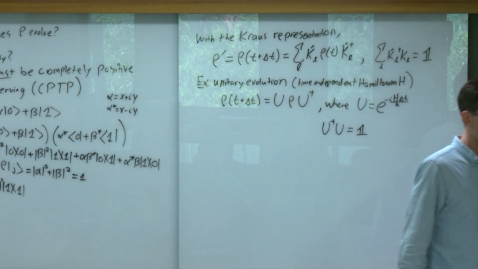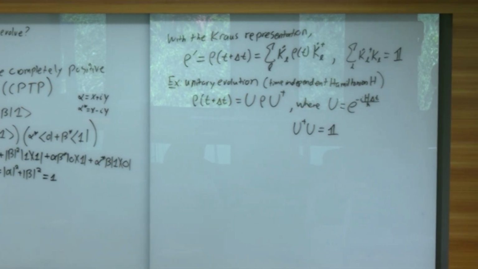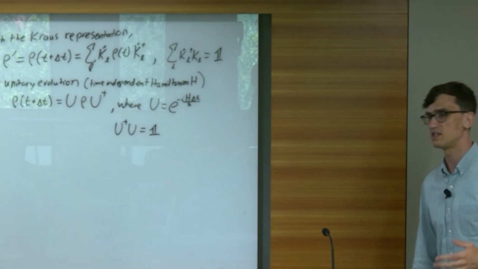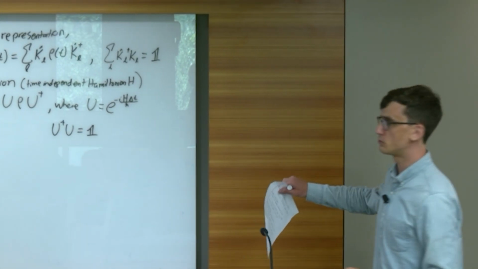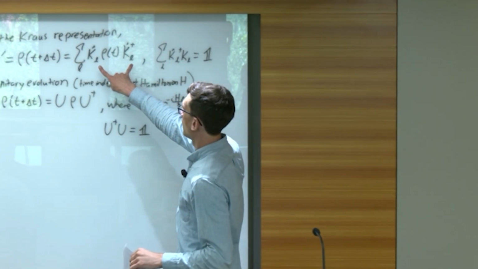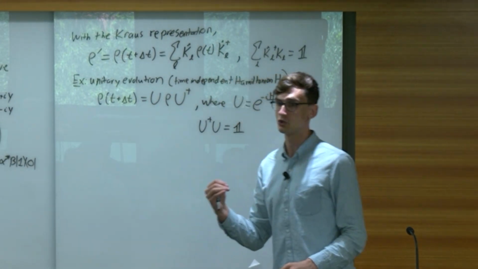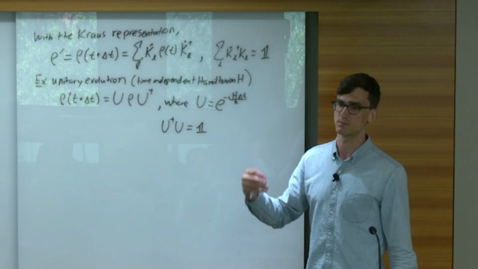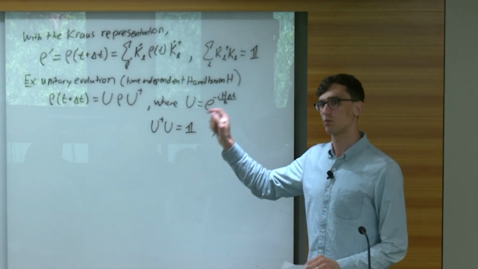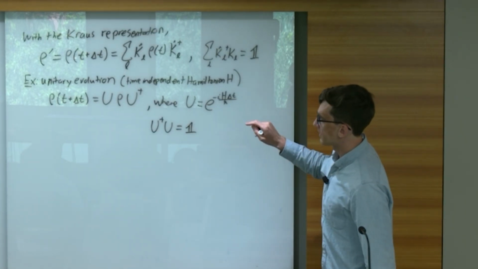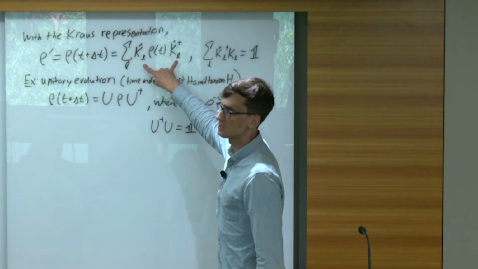I'm not sure exactly how to rephrase that, but the statement is that if you can't decompose your time evolution into fewer than 2 Kraus operators, then there must be some dissipation going on. One interesting thing that we'll talk about in a little bit is that the Kraus representation is not unique.